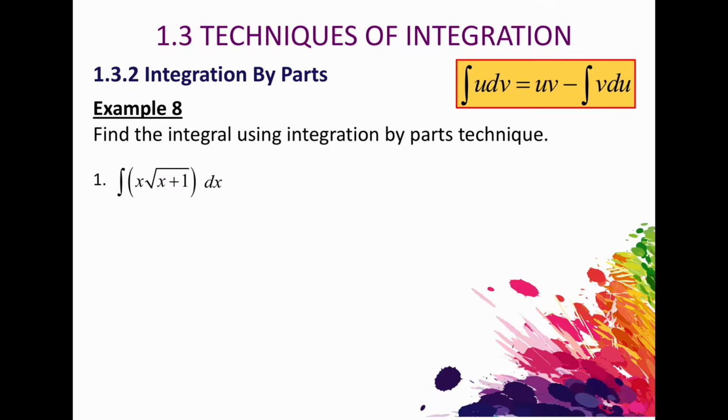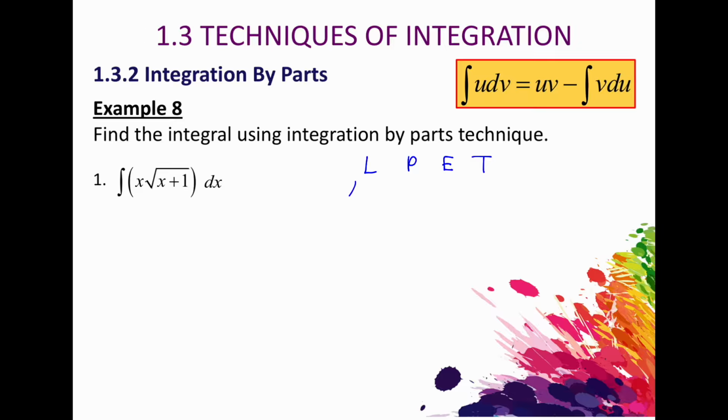Okay, now before we proceed with solving questions in example 8, there is a rule that we need to know so that we're not confused of which one to let equal to u or which one to let equal to dv. So normally we use LPAT, or we can say LOPAT.